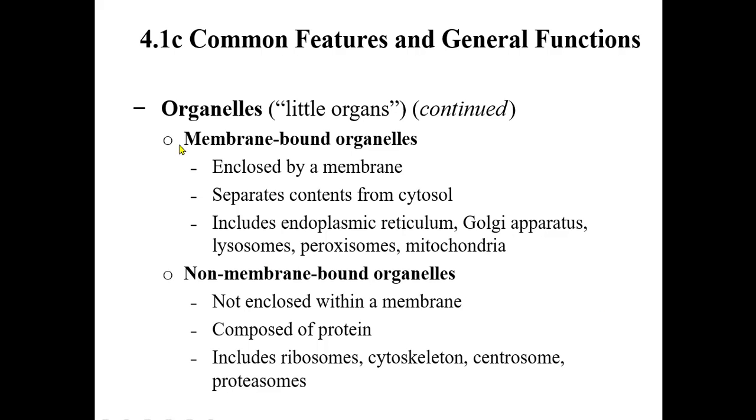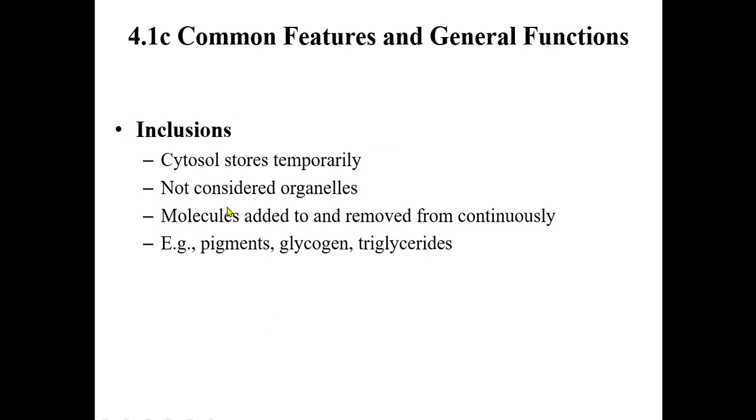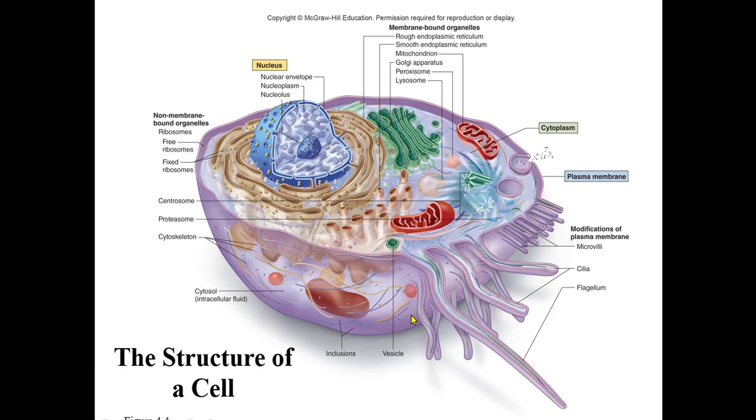So here you have again the membrane-bound versus the non-membrane-bound organelles. Then we have the inclusions. I don't really care too much about those. And here's the structure of the cell. This is what I mean by putting it on a flashcard.